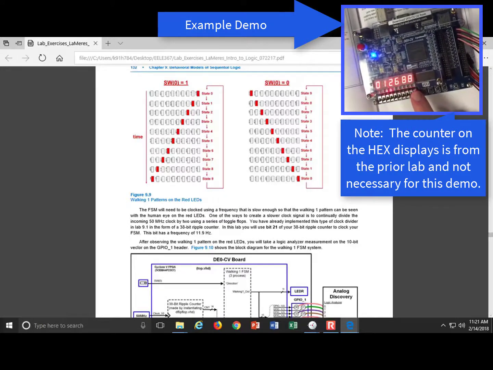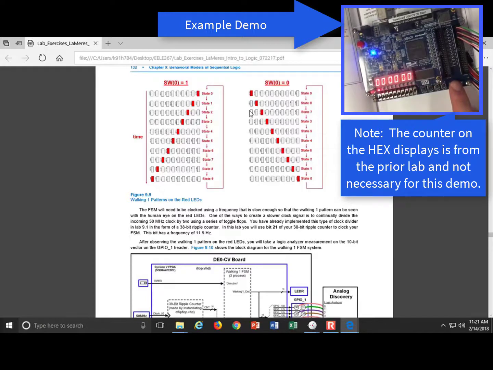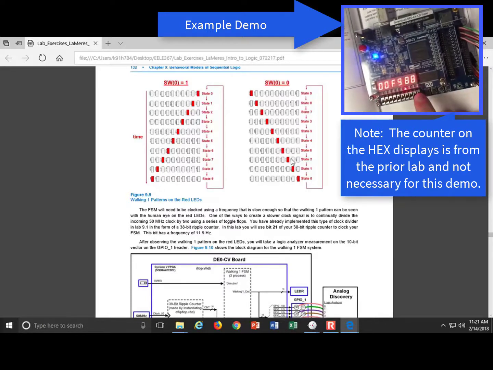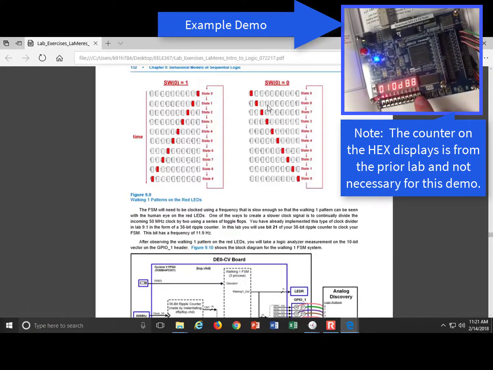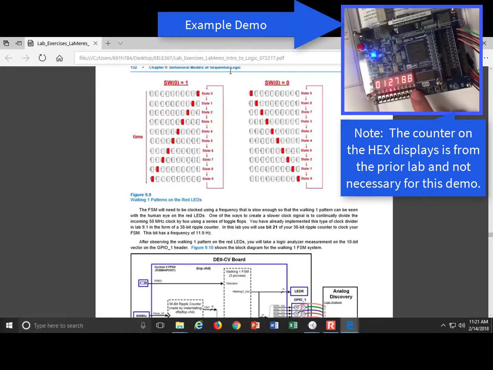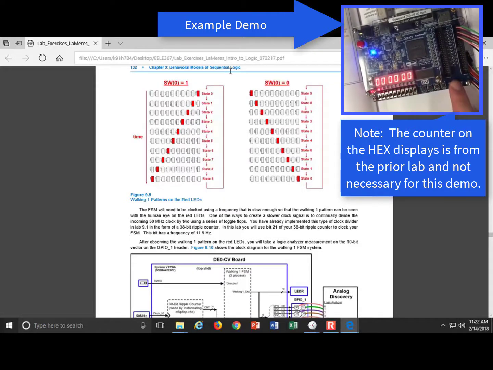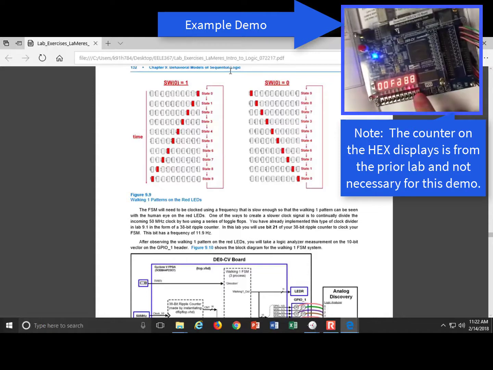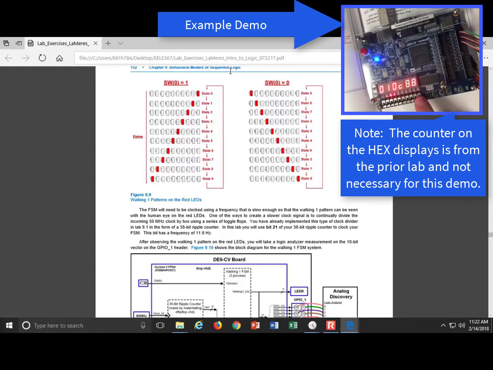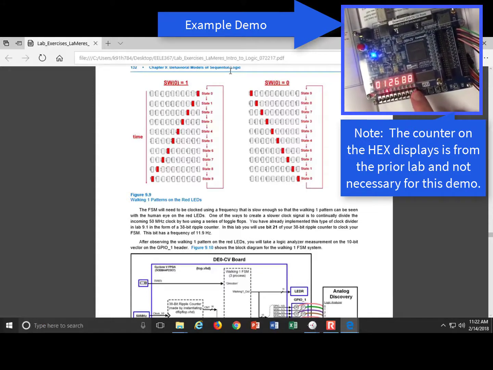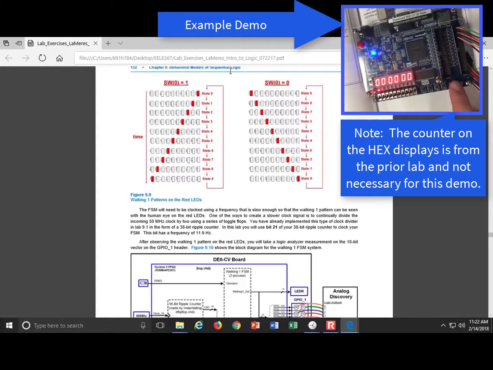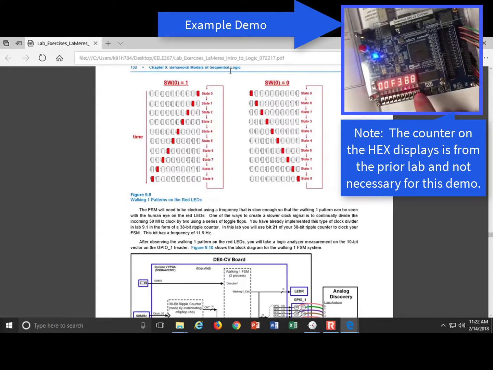Now, the way to architect it is you have 10 basic states right here. So you're going to build a finite state machine that has 10 states in it. This used to be almost impossible when you would do it with pen and paper, because you'd have to have K-maps and all sorts of flip-flops going every which way.